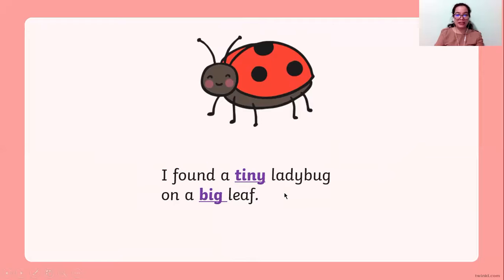Although we don't have a leaf here, big is also an adjective. Like what I've said, an adjective can be a size. You can describe a noun using size. It can be small, big, tiny, little, huge, and many more. Next.